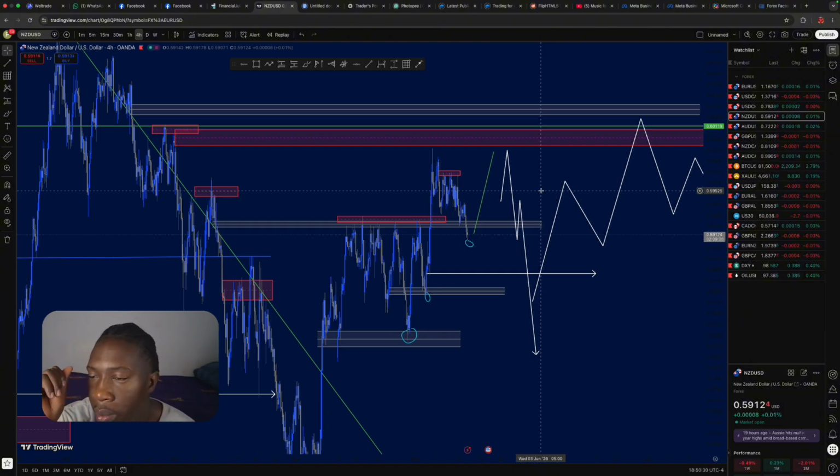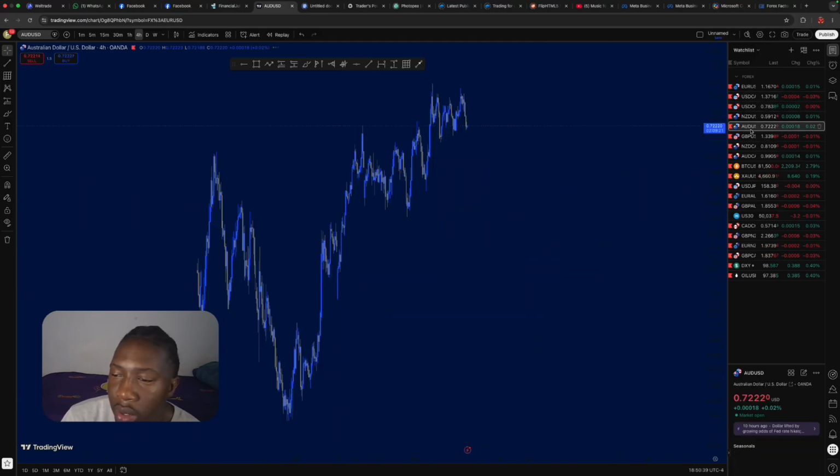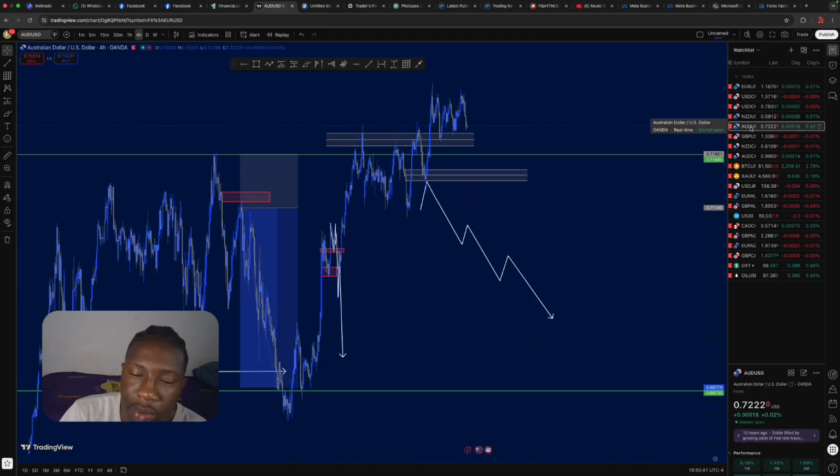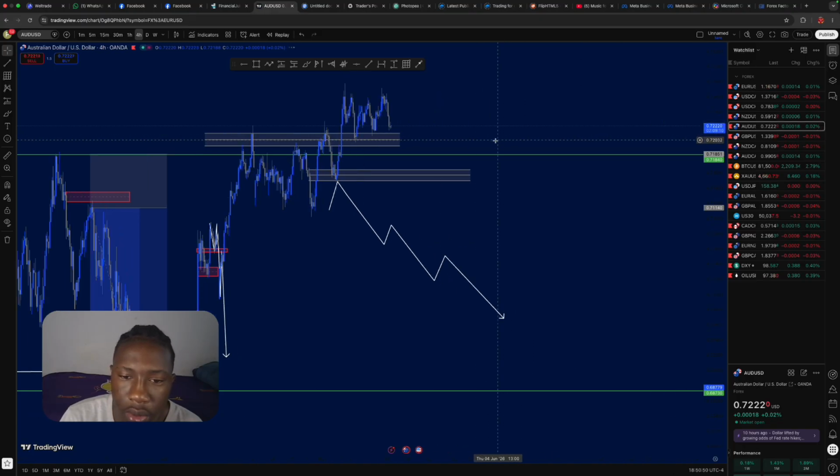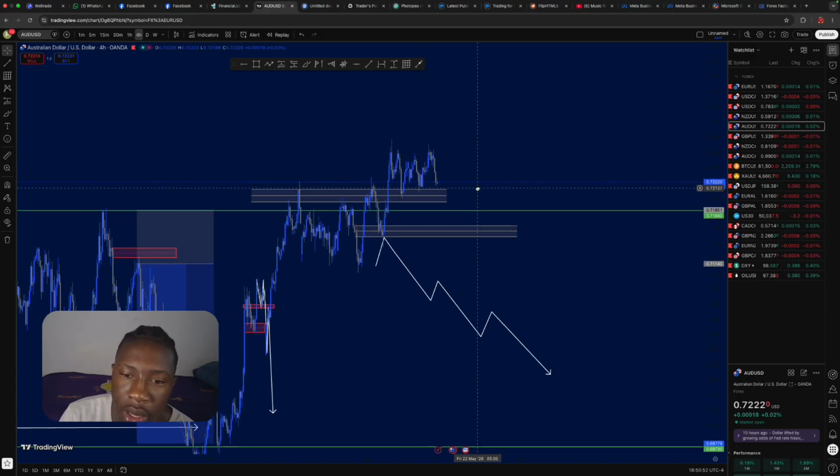But we need a move to the upper side on NZD USD. Yes, we go to AUD USD. We said yes, AUD USD is a good market, but we don't like the type of structure that it is creating.